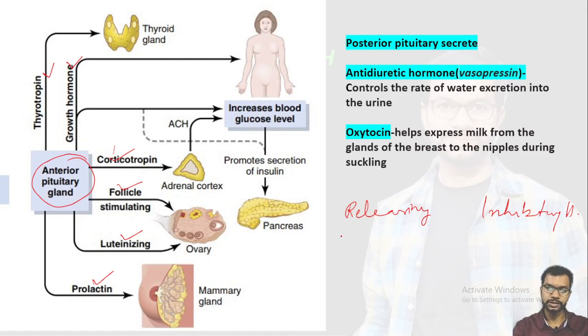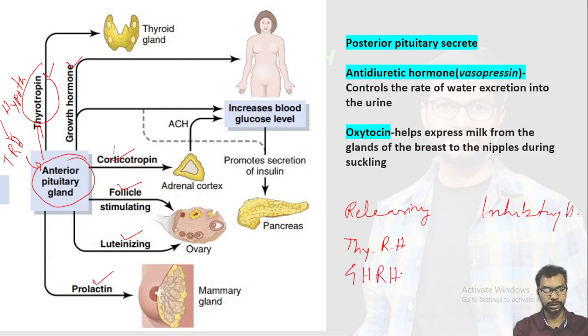So what are the releasing hormones? One is thyrotrophin releasing hormone. Thyrotrophin releasing hormone from the hypothalamus will stimulate the anterior pituitary to release thyrotrophin. Then growth hormone secretion is also stimulated by growth hormone releasing hormone from the hypothalamus.